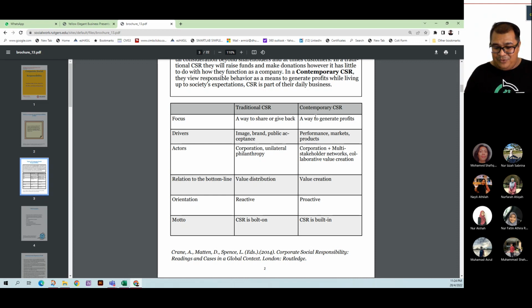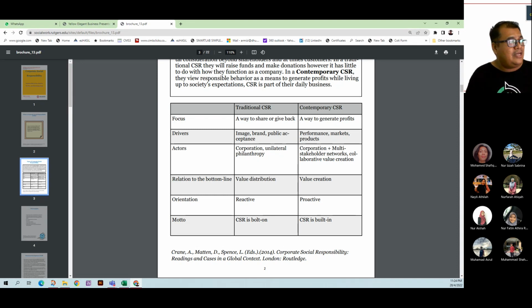Mungkin ada maksud contoh persatuan kanser tu akan bayar kepada Anwar Zain ni sebab Anwar Zain buat performance kat situ, and at the same time orang punya donation tu, a portion of that dia bayar kepada Anwar Zain tu untuk Anwar Zain perform malam tu untuk konsep tu. So Anwar Zain menggunakan konsep contemporary CSR lah kalau dia macam tu. Kalau Anwar Zain tak minta apa-apa bayaran, dia akan jadi traditional CSR.